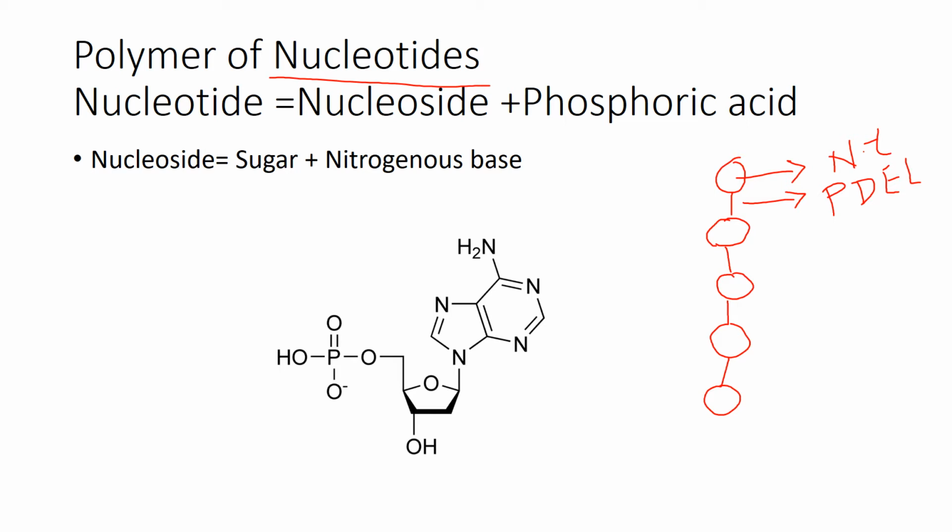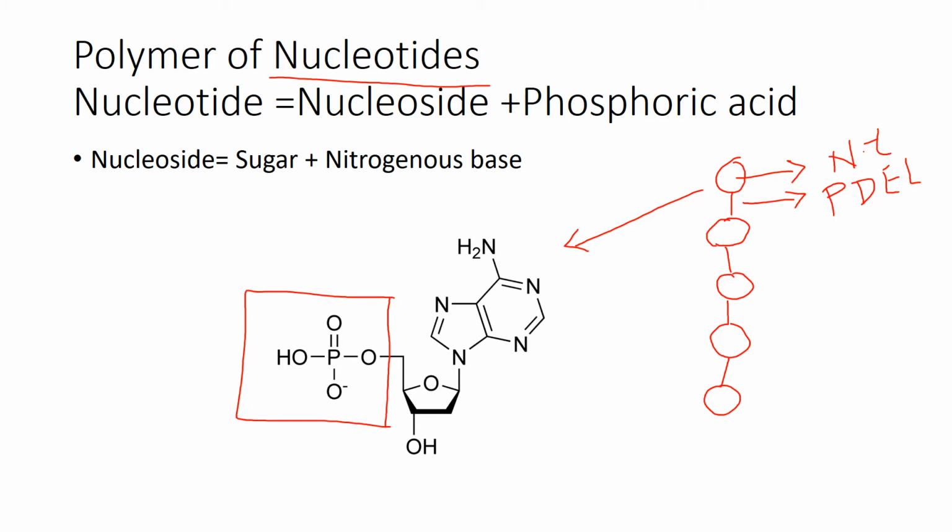Okay, now we come to the circle which we have drawn here to represent a nucleotide. Its actual structure is shown in this figure. Okay, so a nucleotide is basically made up of three components. Let us one by one classify the parts of a nucleotide. This is the phosphoric acid which is present in a nucleotide, right?